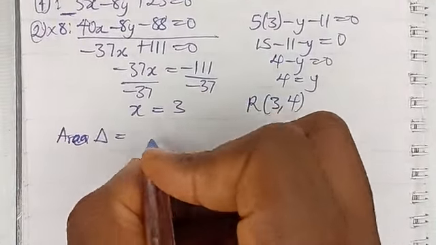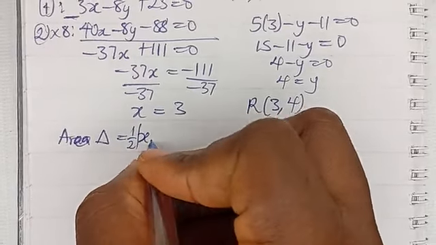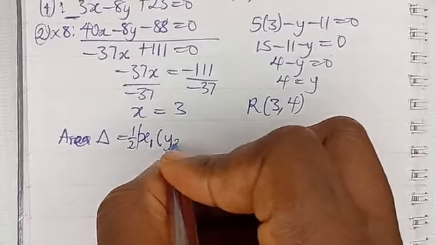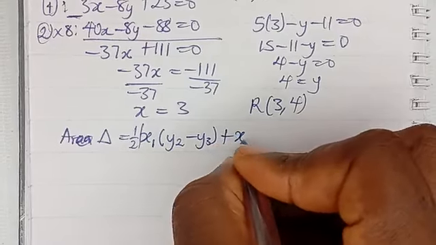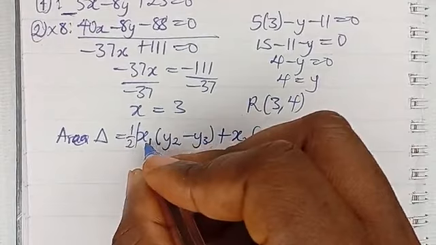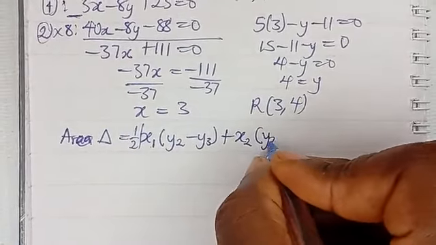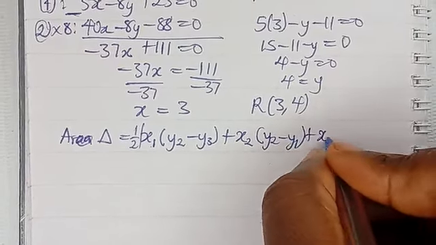Now for that area of the triangle, we have that that is half of the absolute value of x1. Then we now say y2 minus y3 plus, we now start with x2. In the brackets, we are going to have y3 minus y1. And then we now start with x3.